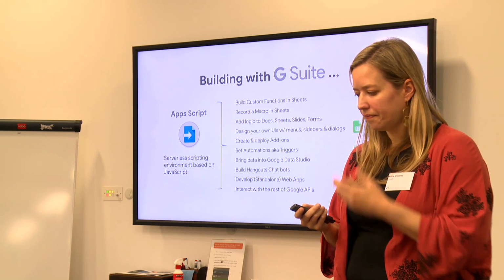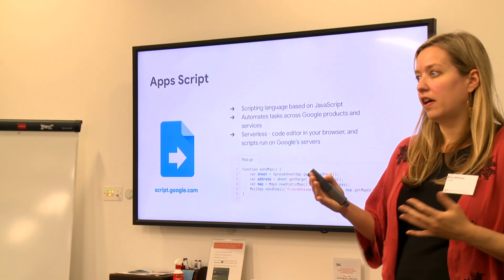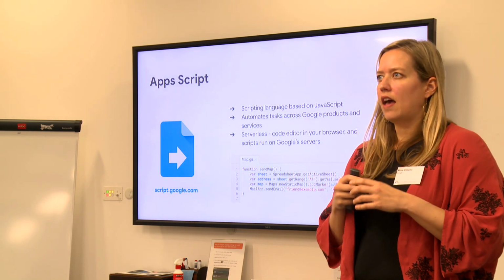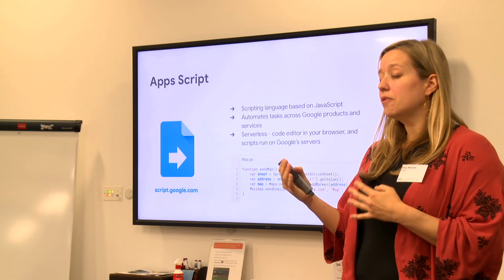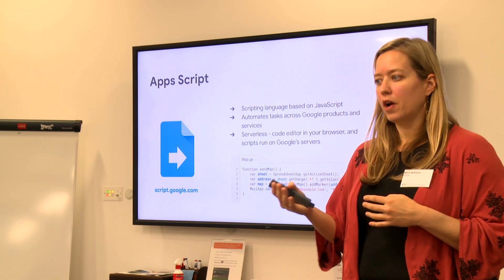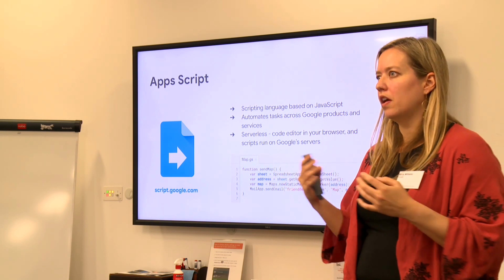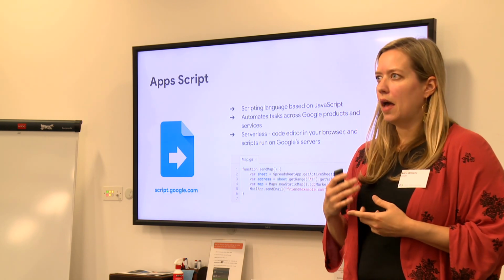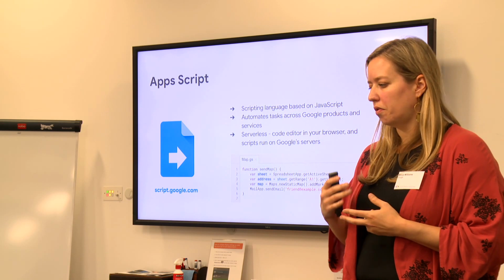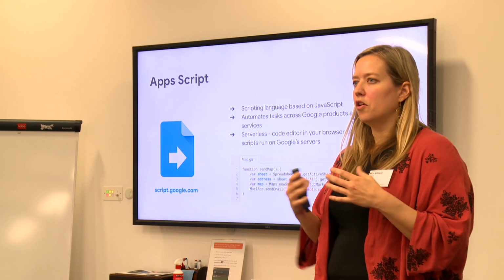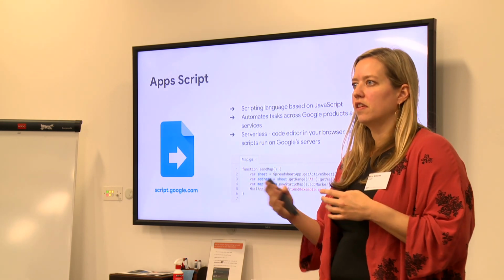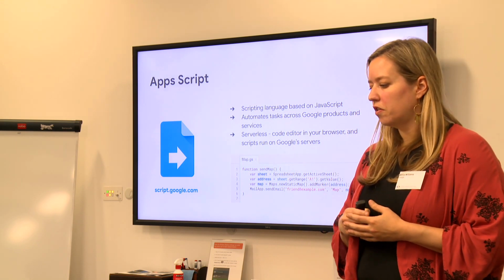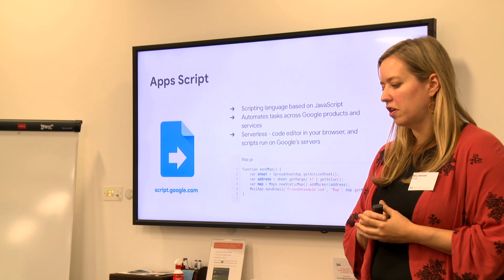So what AppScript looks like is it's a scripting language, like I said, based on JavaScript. It has a bunch of enhancements that make it work across Google products, not just within G Suite, but actually extends to other products as well, like Maps and also BigQuery, for example. There are built-in and advanced services within AppScript that allow you to talk to those services without dealing with authentication.